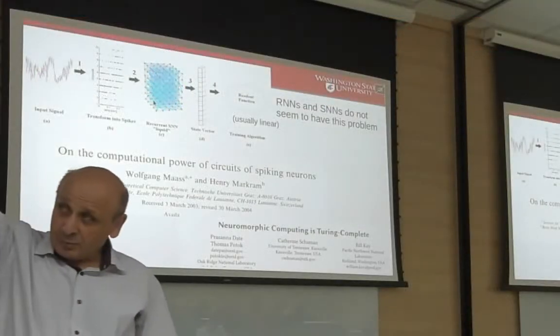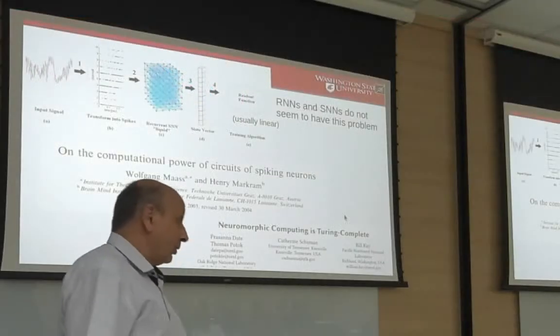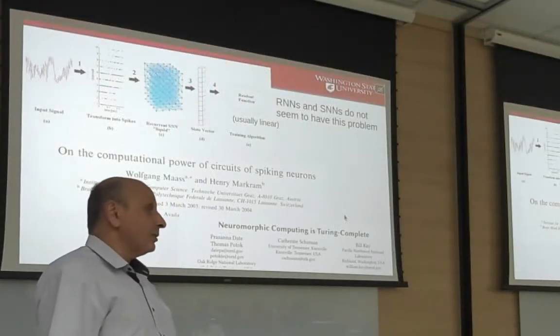So the first was about recurrent neural networks, then Maass and Markram came up with an equivalent result for spiking neural networks, and later on a colleague, Catherine Schuman, and her collaborators came out with a statement that's near and dear to all computer scientists.